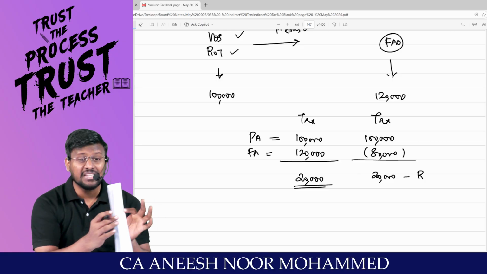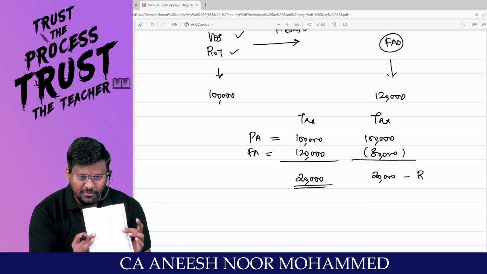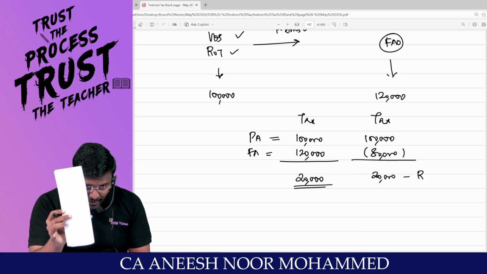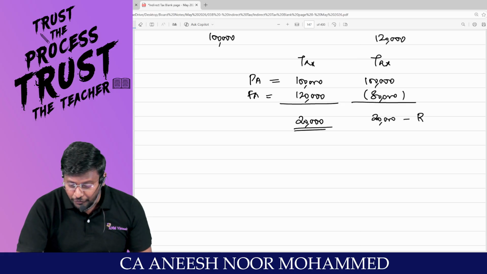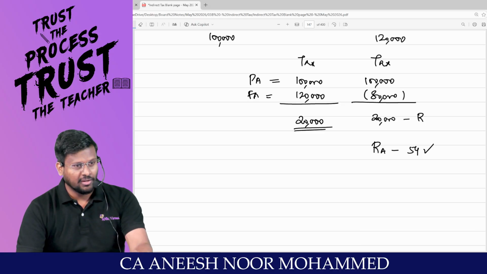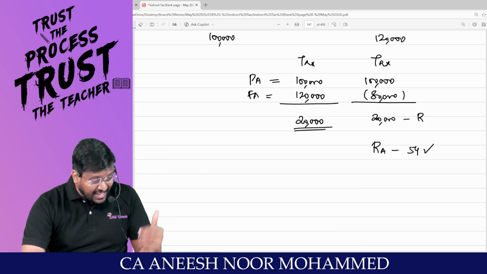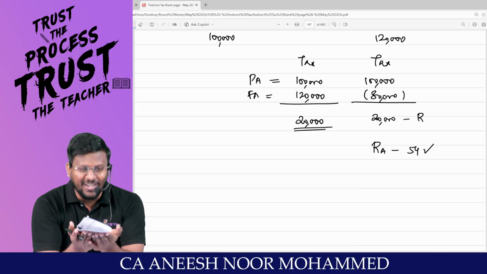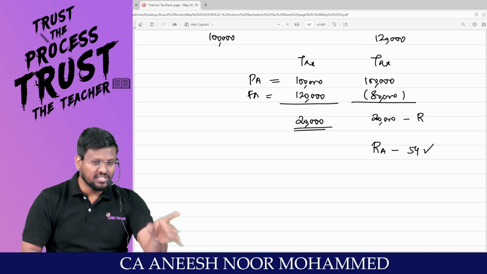Then they will pass the final assessment order. The proper department will pass it. Then based upon this final assessment order, I have to file a refund application as per section 54. Section 54 is a refund. I have to go and beg to the department, "Ayya, I am entitled to get the refund. Please process this refund."